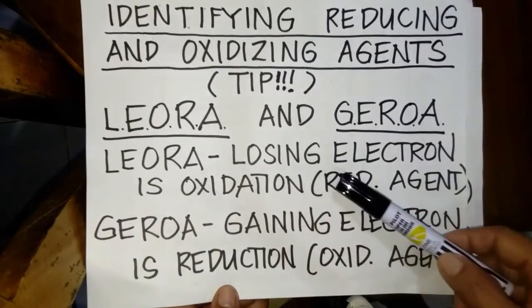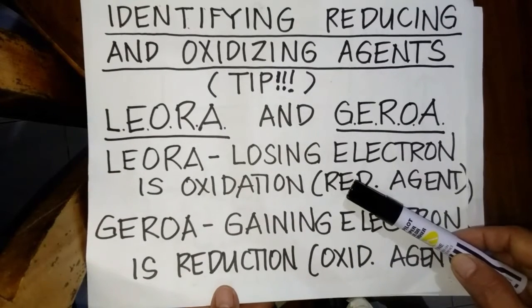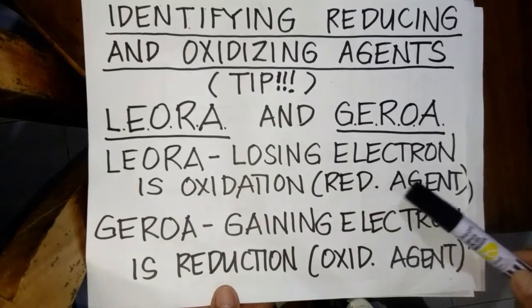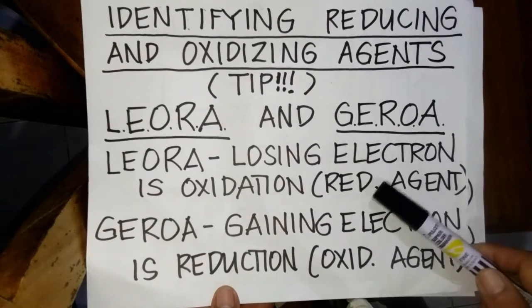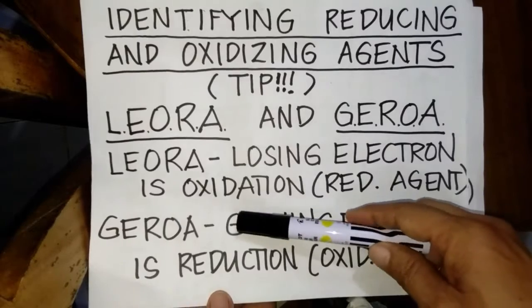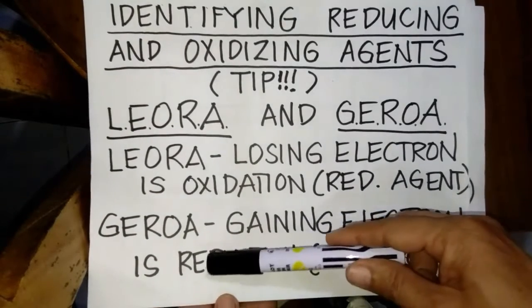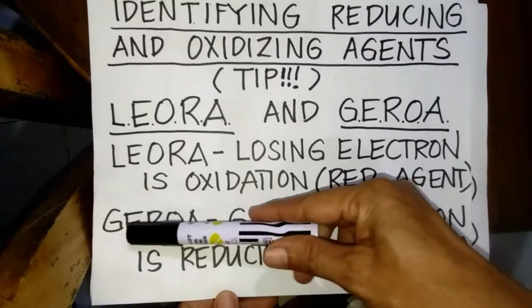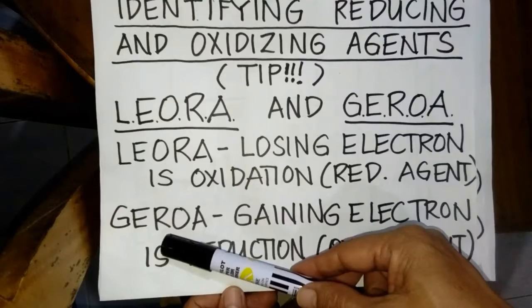If it is oxidation, the element or the compound in the reactant will be the reducing agent. If the element gains electrons, it is called reduction. So gaining electrons is reduction.